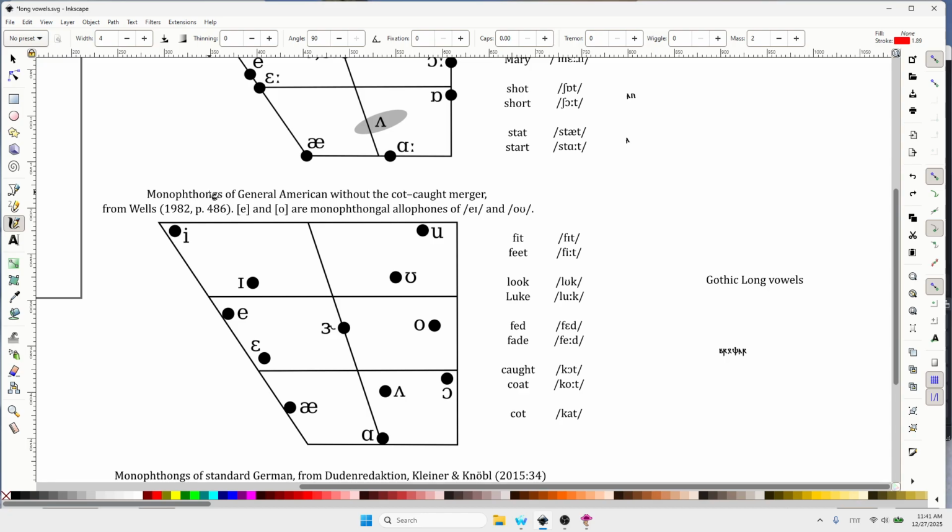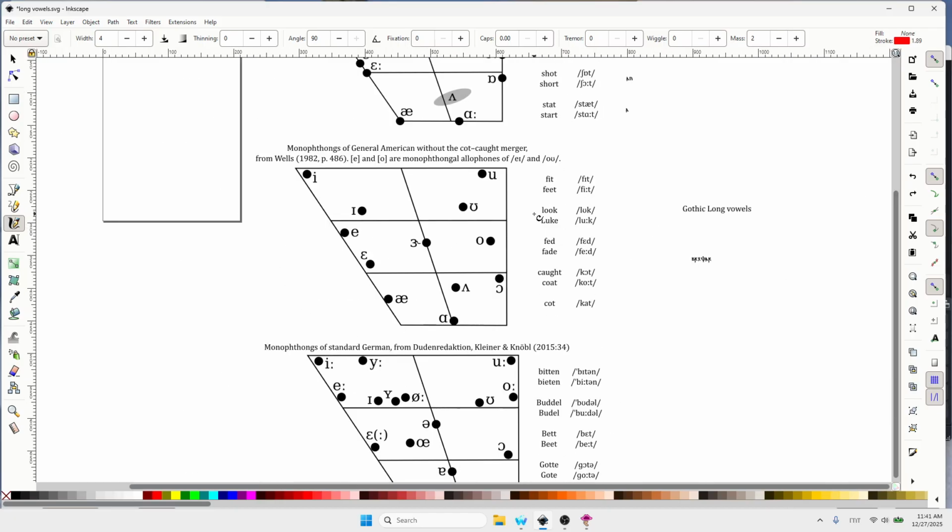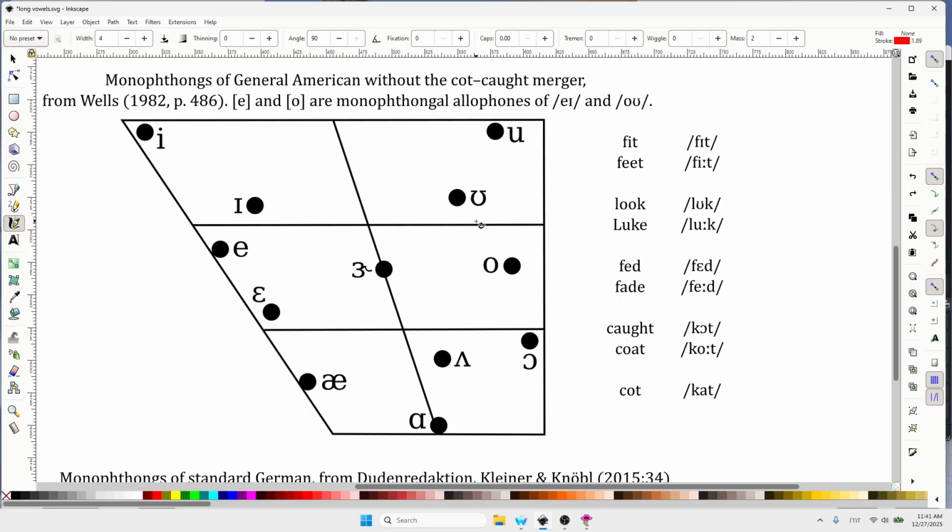For example, this doesn't have the cot merger, and you might be able to tell I do have the cot merger. There are some other distinctions between my speech and this, and I don't know exactly where my vowel qualities are compared to this, but they should be in around the same place.